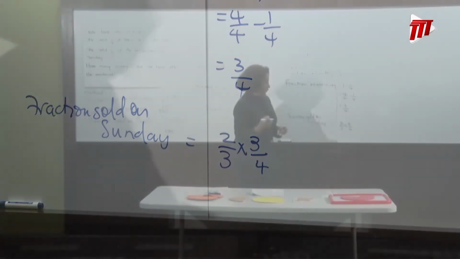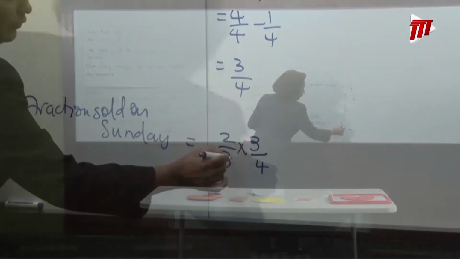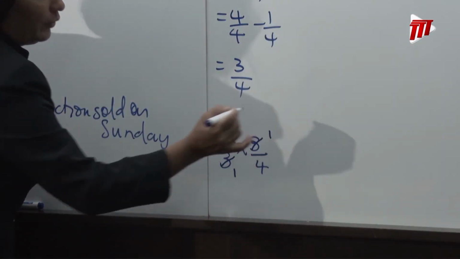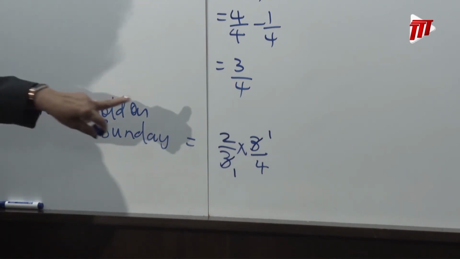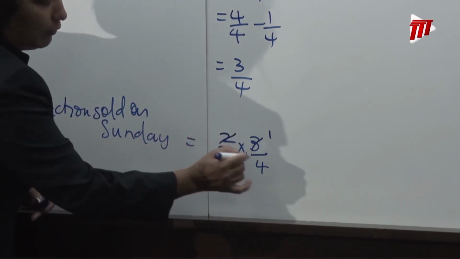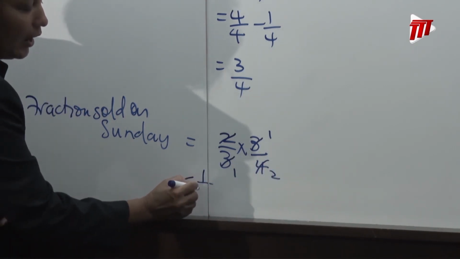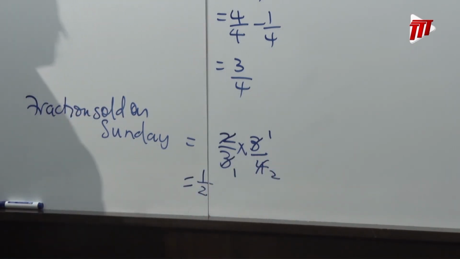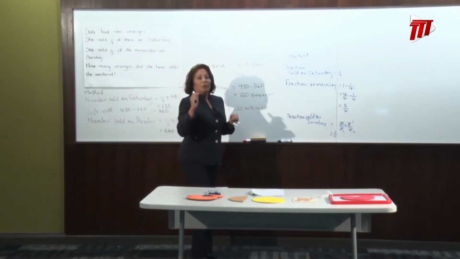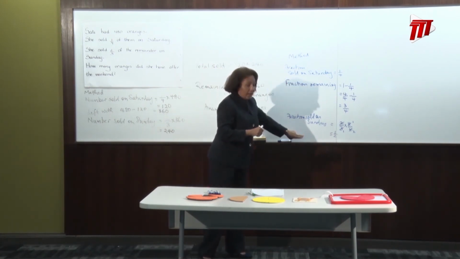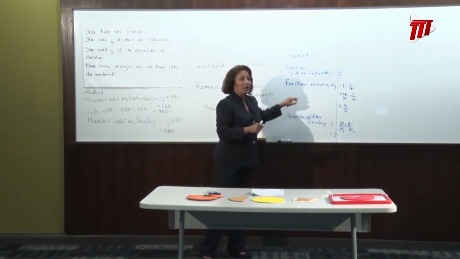We tried to reduce that. 3 into 3, we have 1. 2 into 4, we have 2. So we find that a half of the oranges were sold on Sunday. We want to find out how many oranges remained after the weekend. So we know a quarter was sold on Saturday, a half was sold on Sunday.